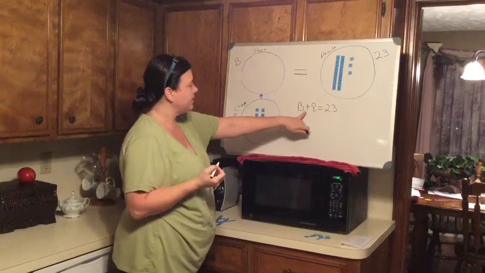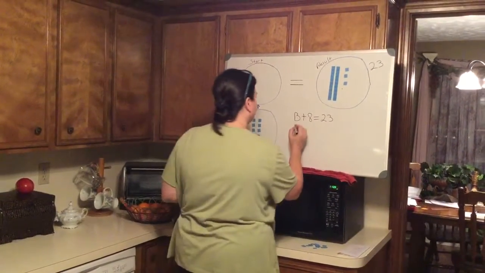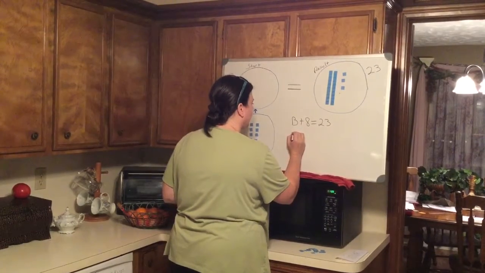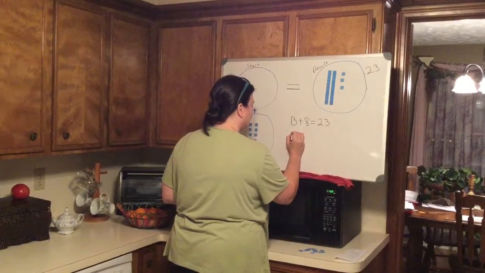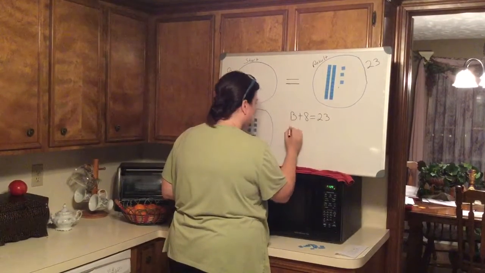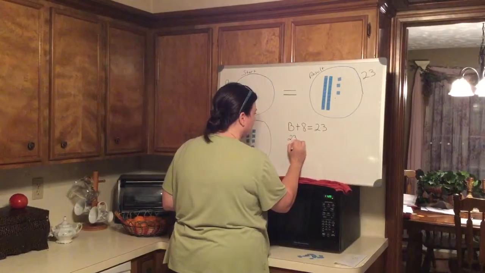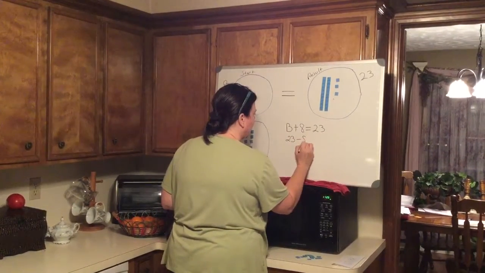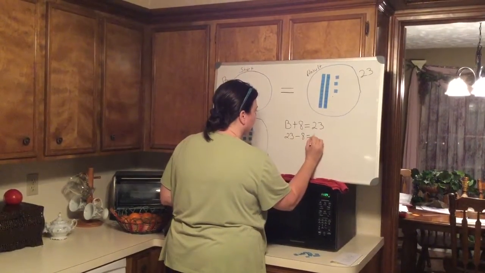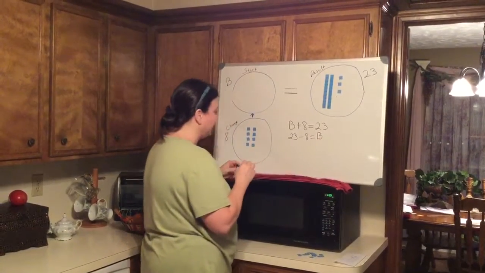Now, in this case, we're doing addition. But there is another way that we can do this, and that is by using the inverse of this, and that is 23 minus 8 equals our start, which is our B for balloons.